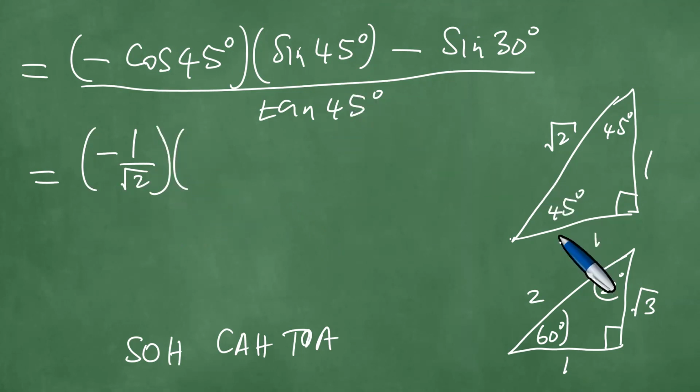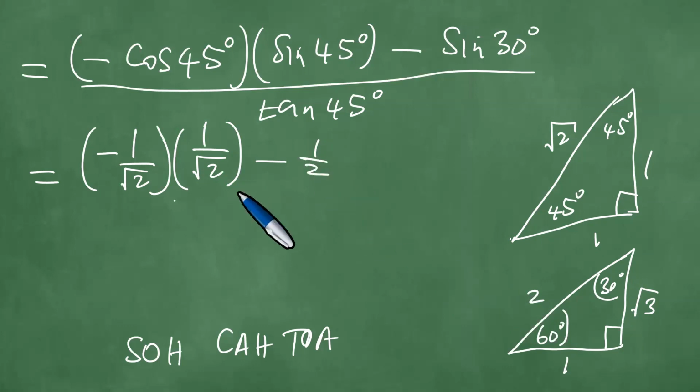The sine of 45 degrees is opposite over hypotenuse, which is 1 over the square root of 2. The sine of 30 degrees is opposite 1 over hypotenuse 2, so the sine of 30 becomes 1/2.